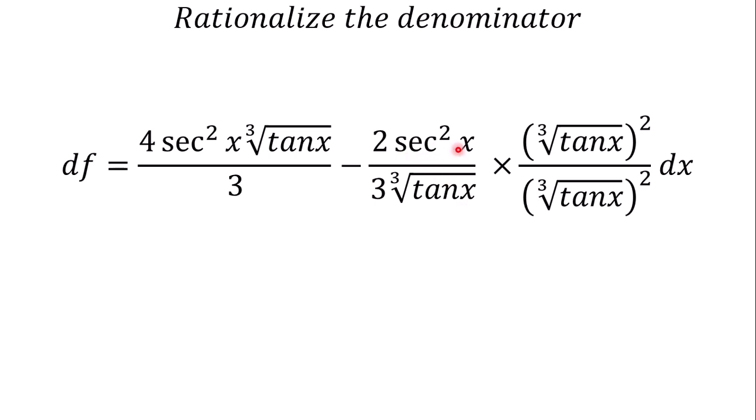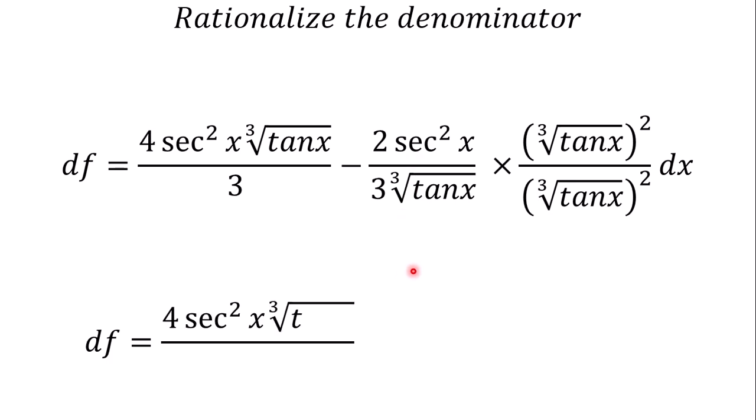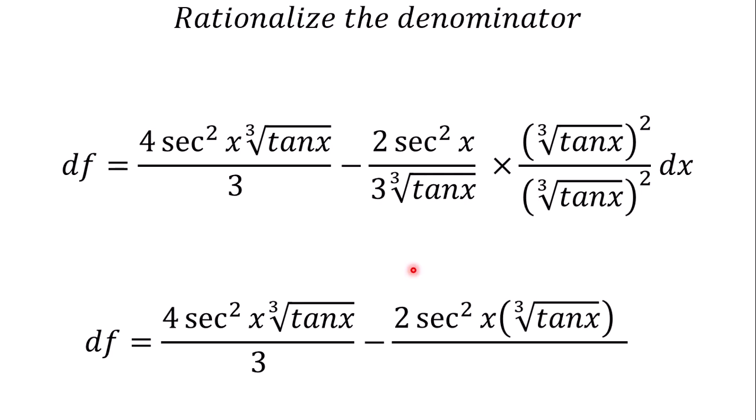And when we multiply this one by this, it will just give us 2 secant x squared times the cube root of tangent x to the power 2.